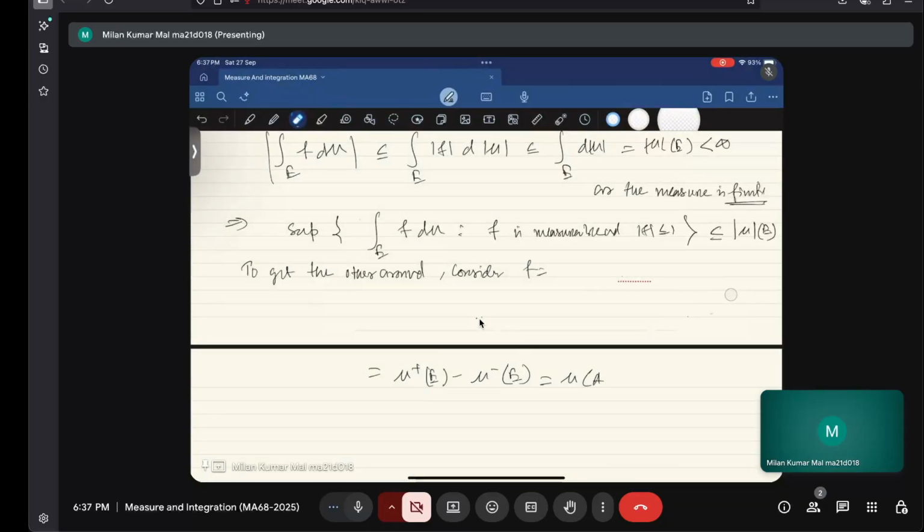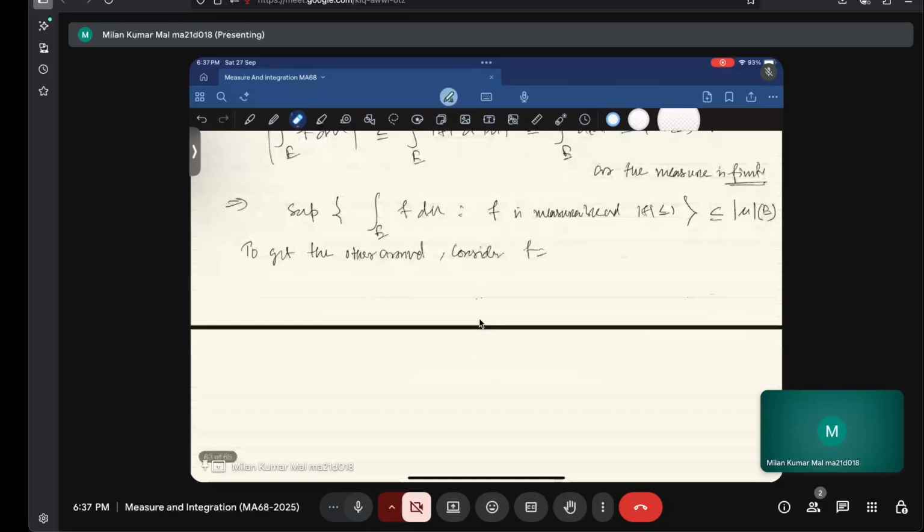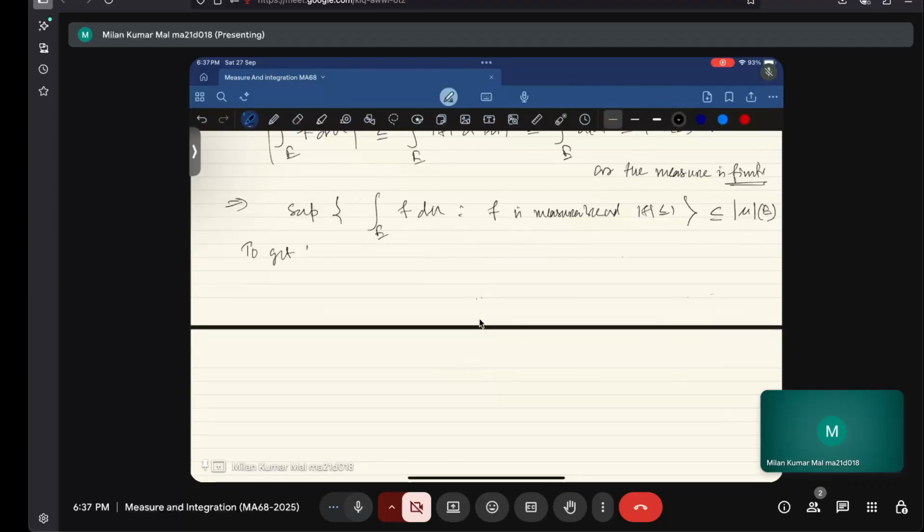Consider the function f equal to mod of mu E by mu of E times the characteristic function of E only.